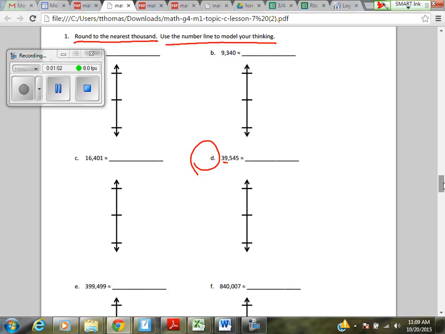So that's going to be my first number on the number line, 39,000. That's how many thousands it has. It has 9 thousands. It also has 39 thousands. Or it could round to 1,000 more.